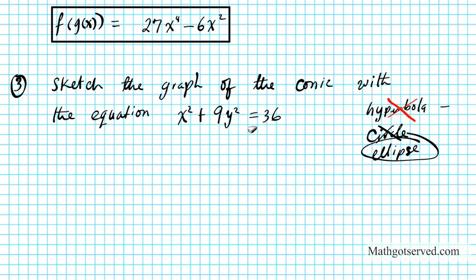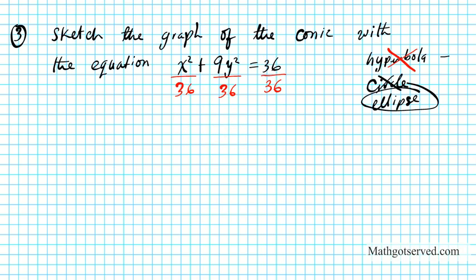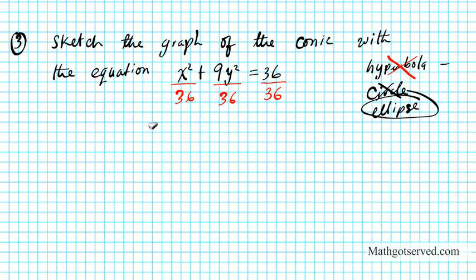To accomplish that, we're going to divide every single term by the constant here, which is 36. That's going to yield x squared over 36 plus y squared over 4 equals 1.